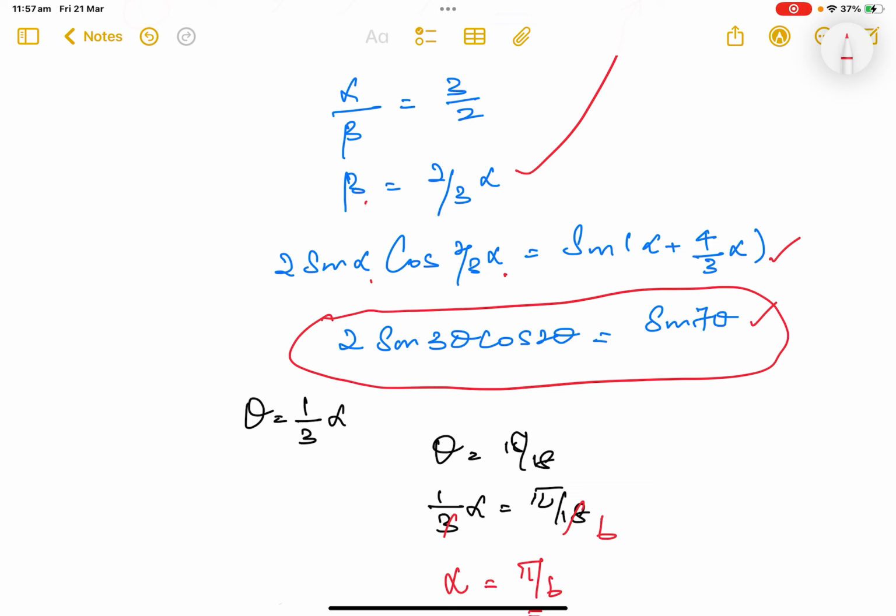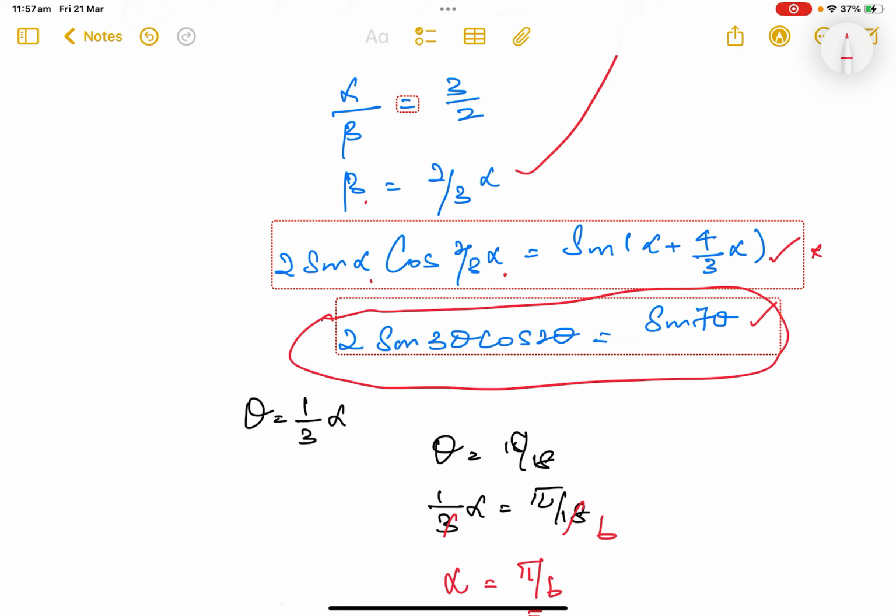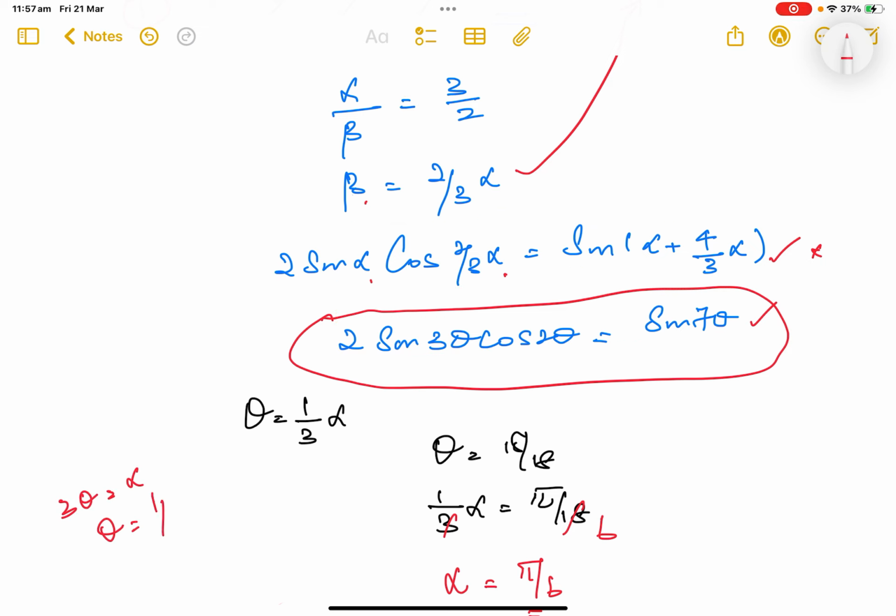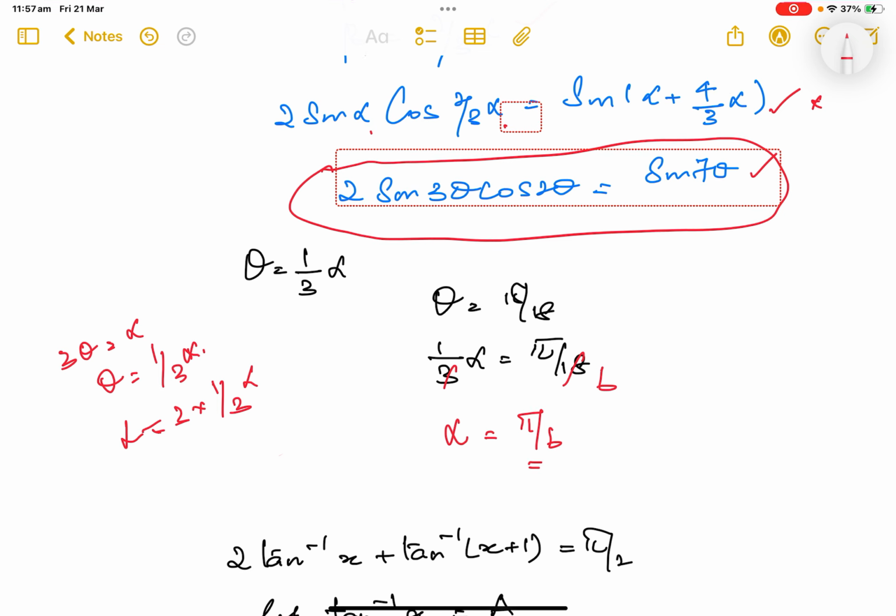So sine alpha matches sine 3 theta, so 3 theta equals alpha, so theta equals 1/3 alpha. That is exactly right: alpha equals 3 times 1/3 alpha, the same thing.